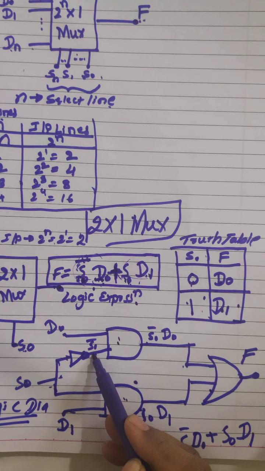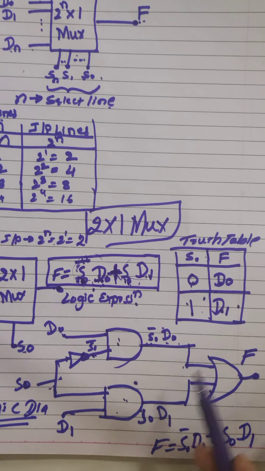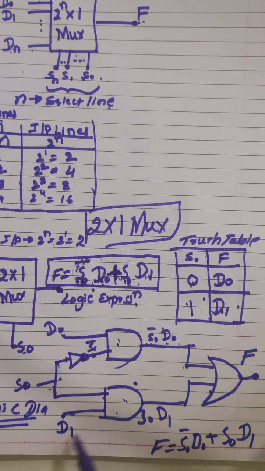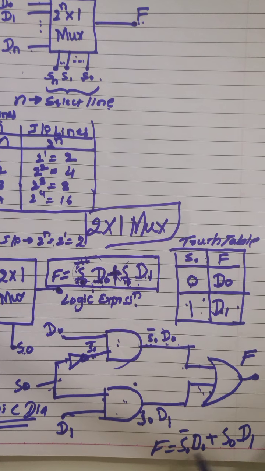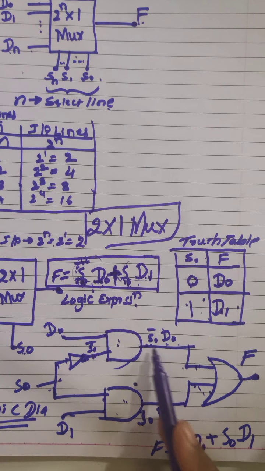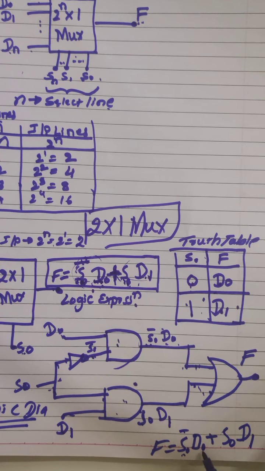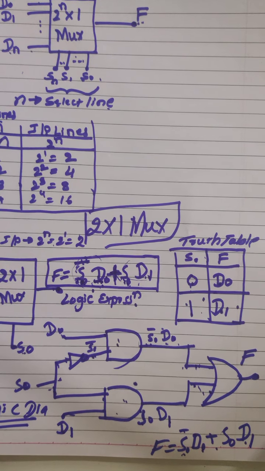The second AND gate gets D1 and S0, giving S0 D1. These two are ORed, and F is the OR operation between these inputs: S0 bar D0 and S0 D1.